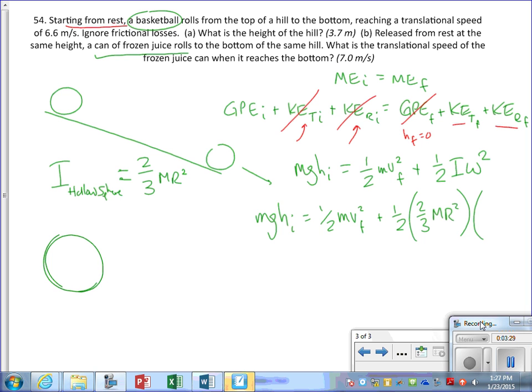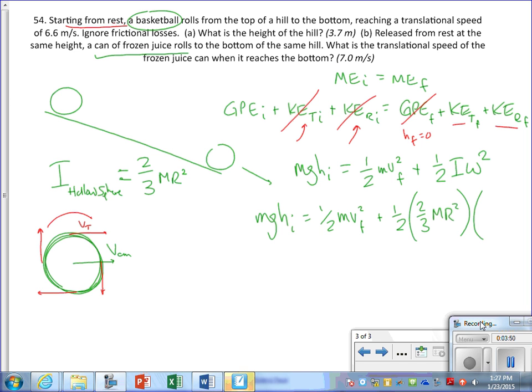This goes back to our look at rolling motion, where we said that an object that's rolling has a center of mass velocity, and if it's rolling this way, it also has these tangential velocities anywhere on the rim.